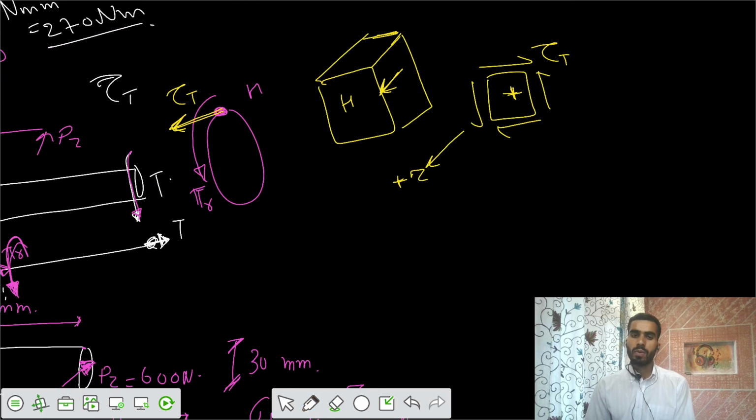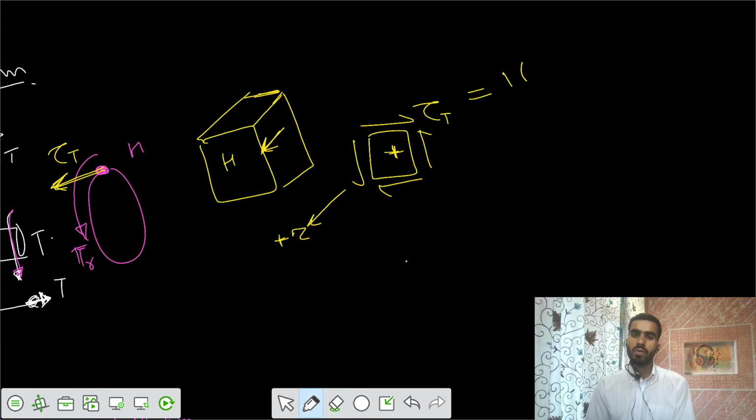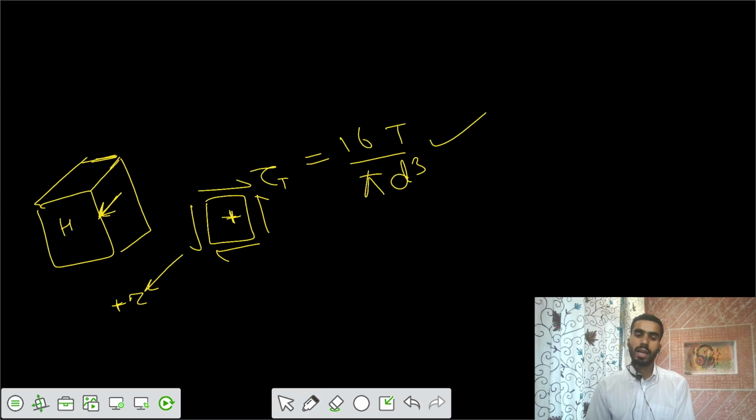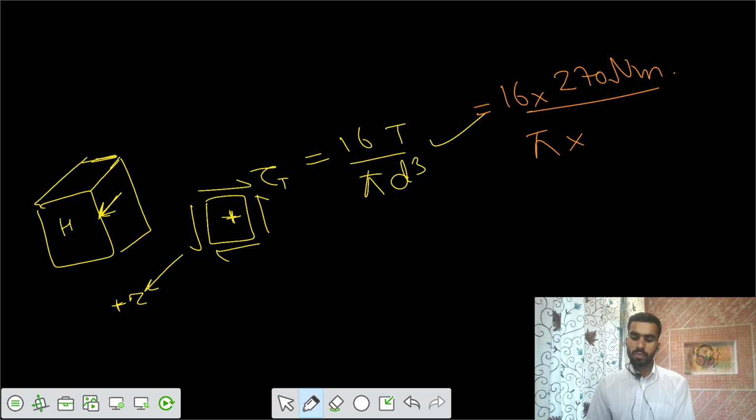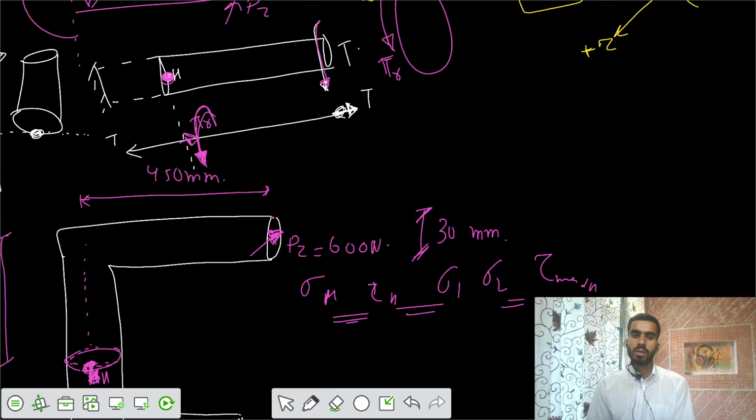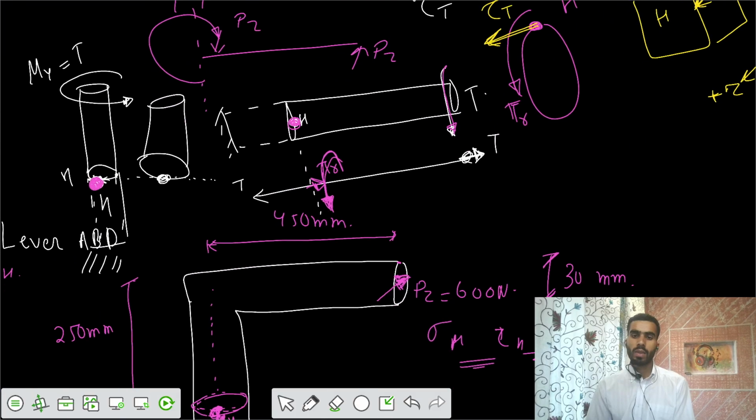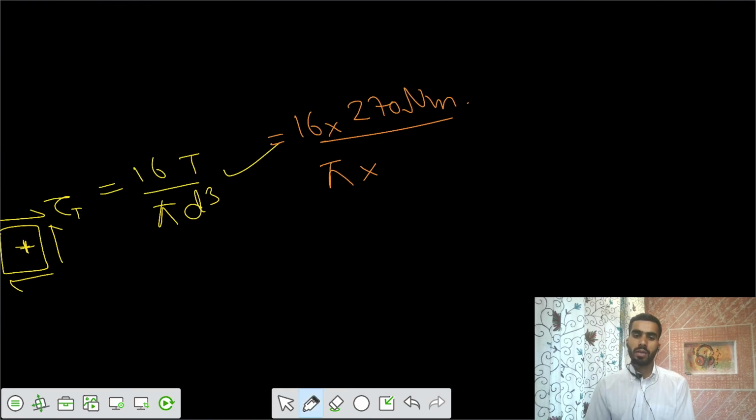And its value would be equal to, we know the value, that's easy, 16T by pi d cube. But that's not the issue. The issue is whether the sign is positive or negative. 16 times the torque of 270 Newton meter, and pi d cube, with diameter 30 millimeter to the power 3.